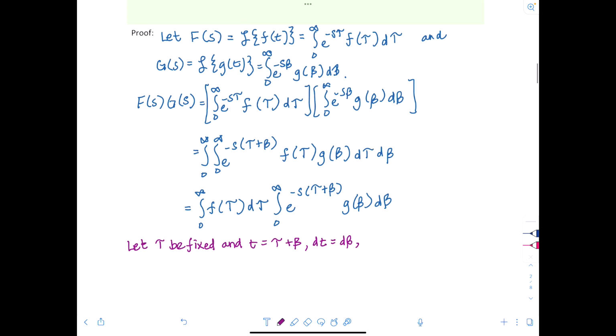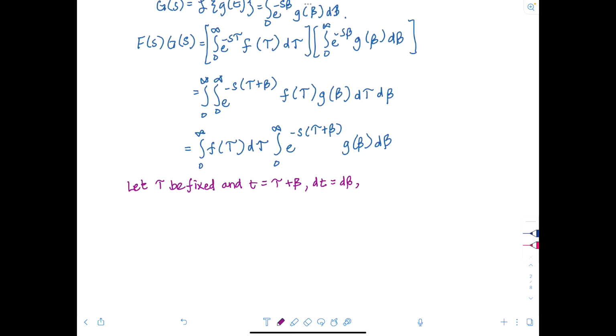With that little switcheroo, we'll end up having the integral from 0 to infinity of f of tau d tau, that's not going to change, times the integral from 0 to infinity of e to the negative st, because remember t is equal to tau plus beta, and then g is going to be at t minus tau, dt.